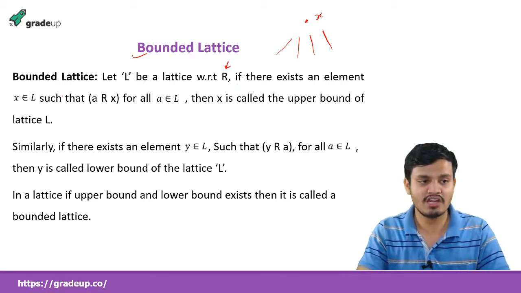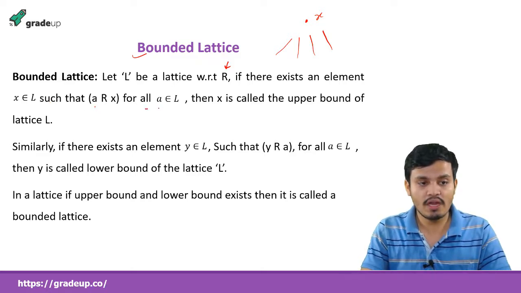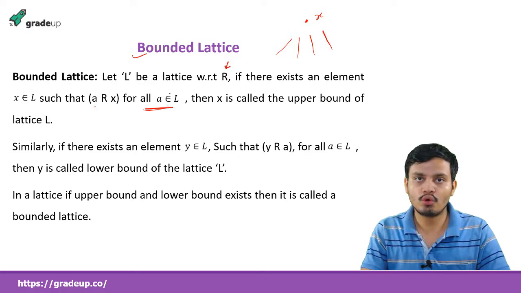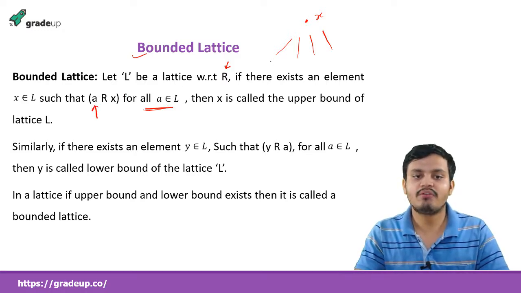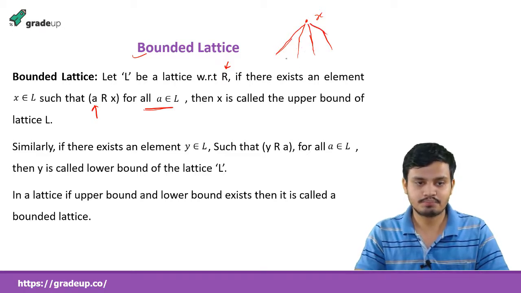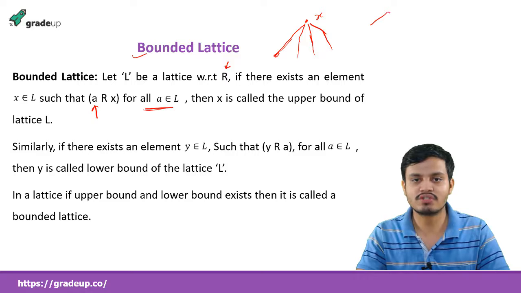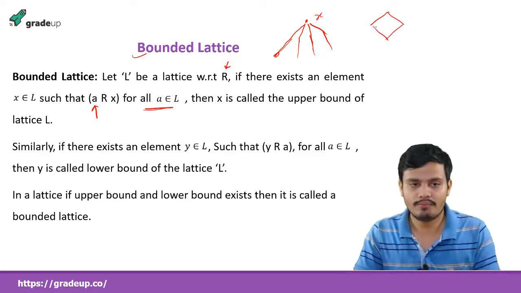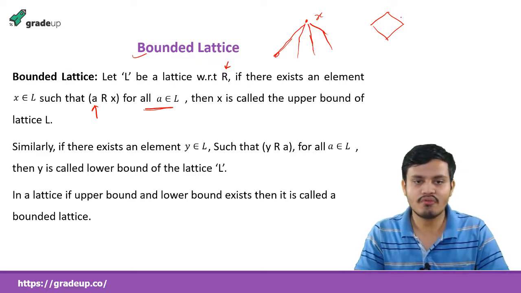If there exists an element X belonging to L such that for all A belonging to L, A is related to X. Suppose we have 5 more elements, so it is related, it is related, it is related, and it is related, and then this is going to be the X. So I take an example, our previous example, this was our lattice. What is the upper bound of this lattice L?